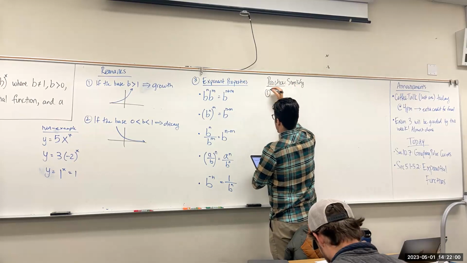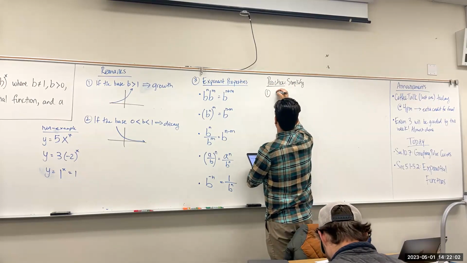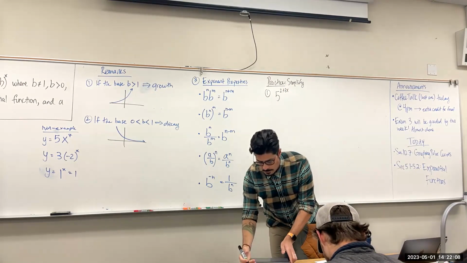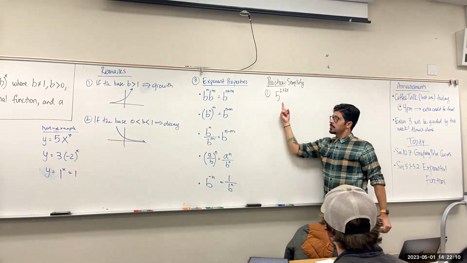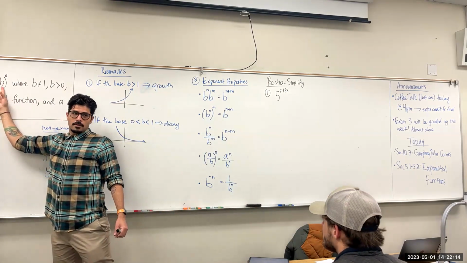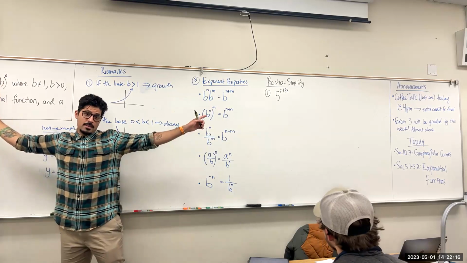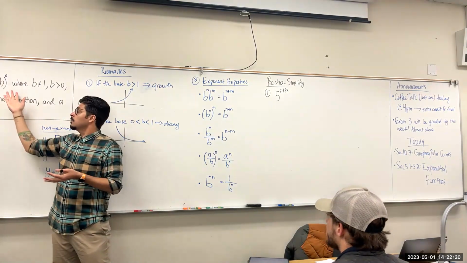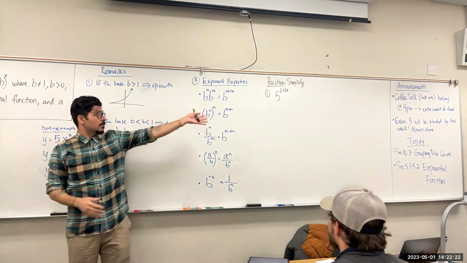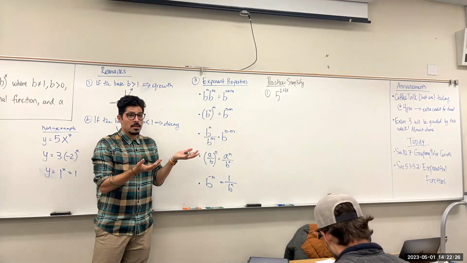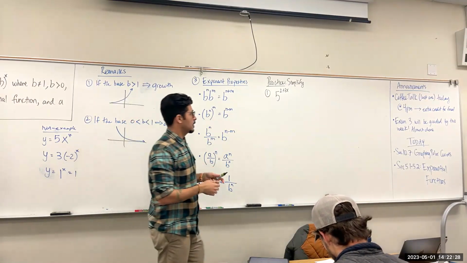Let's say I have 5 raised to the 2 plus 3x. Does this look like this form? Right off the bat, it doesn't, right? So we need to see though. Can I write it into that form? If you can write it into that form, then that should be an exponential function. And then I might maybe know the initial value.